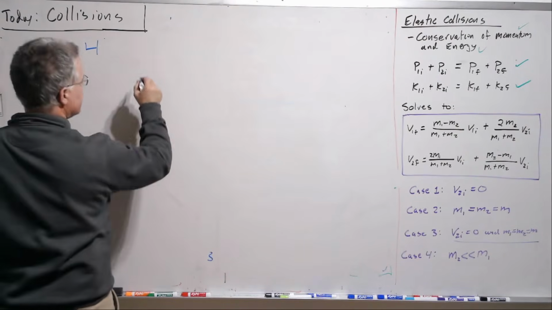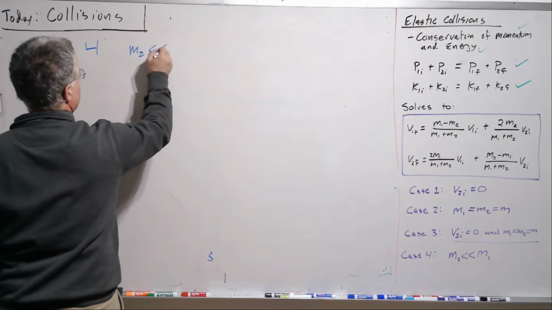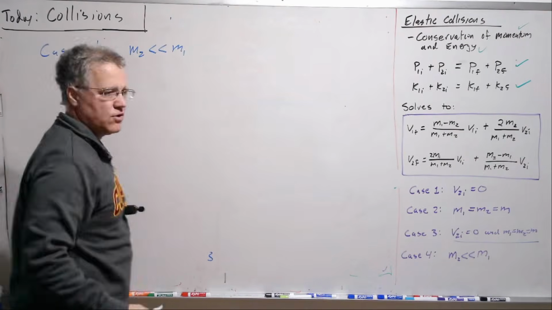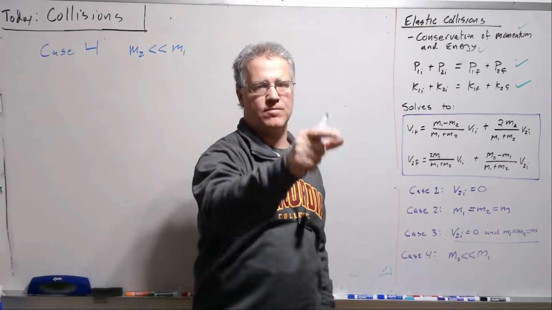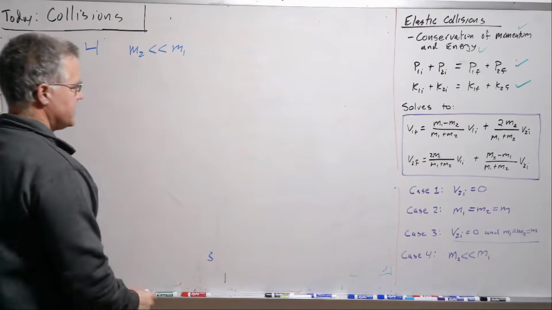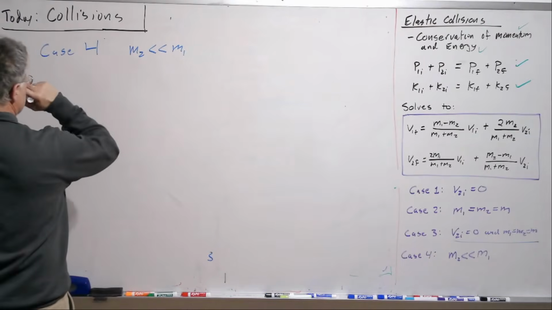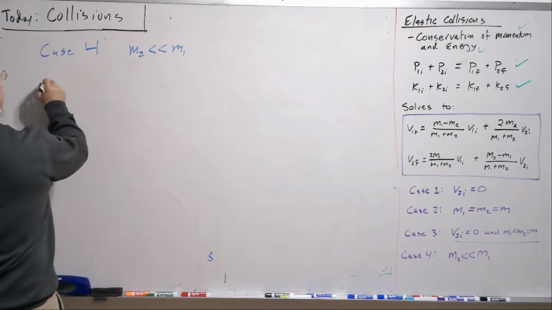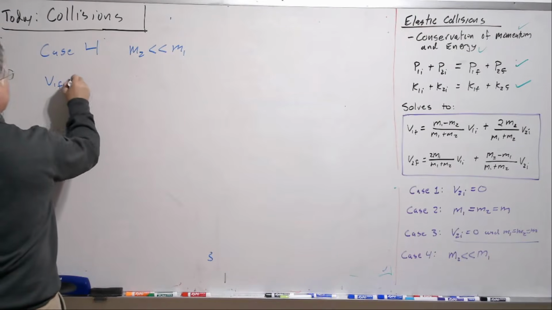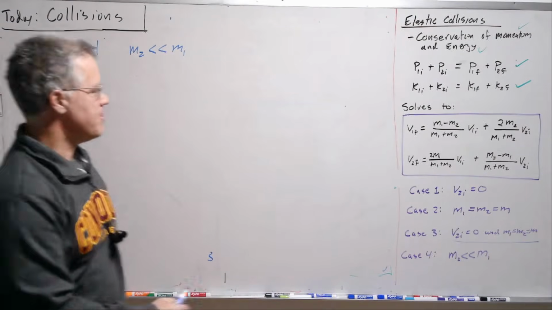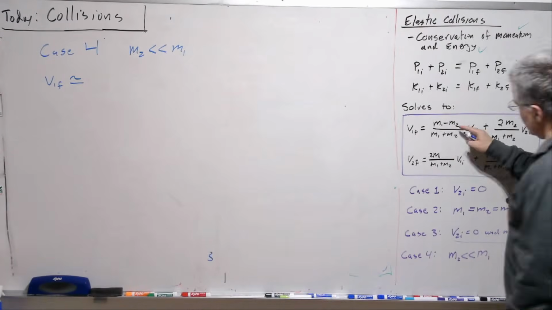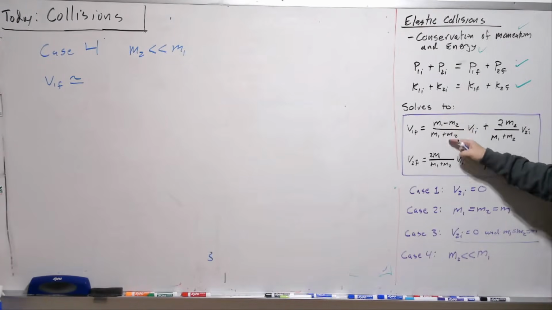This is when M2 is much, much less than M1. So like a freight train and a ping pong ball. So V1 final is then approximately equal to, well, compared to M1, M2 is going to be essentially nothing.